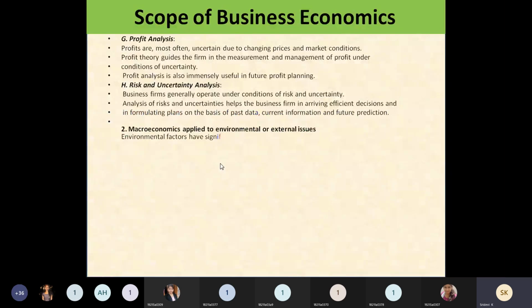In detail, we will discuss in the coming classes. All these are decision areas where you are going to apply this business economics. Okay, is that clear? So what are the techniques that are available, we will see in the coming classes.